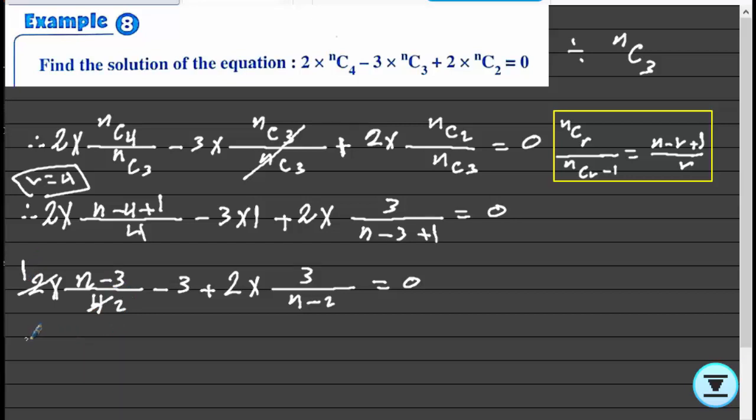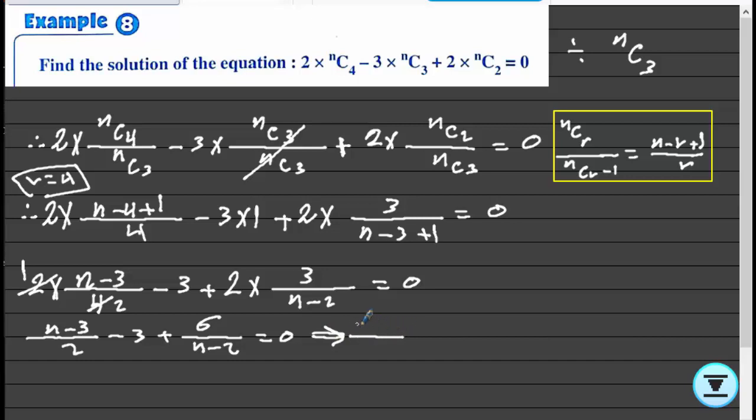So n minus 3 over 2 minus 3 plus 6 over n minus 2 equals 0. And I'll put it in another form.